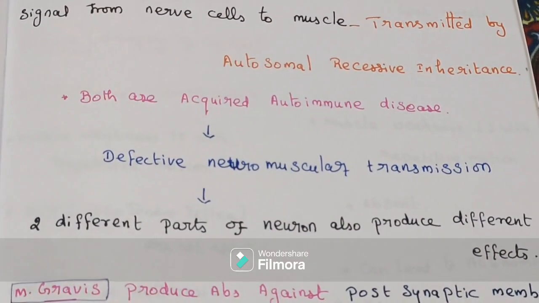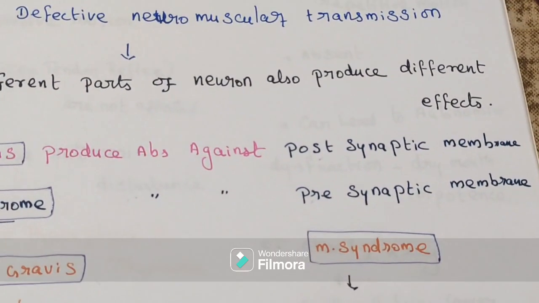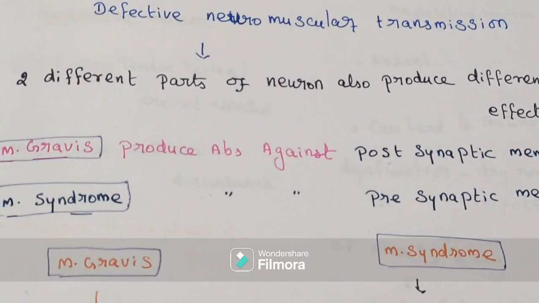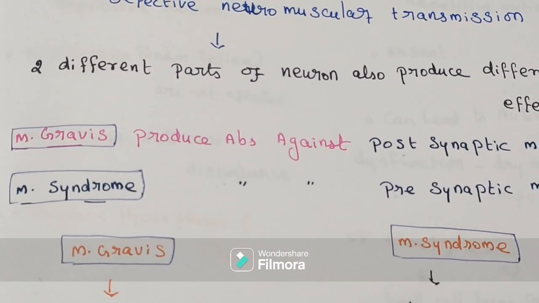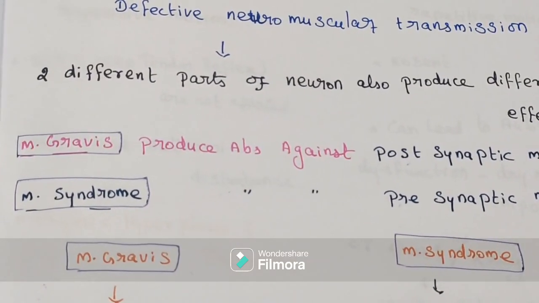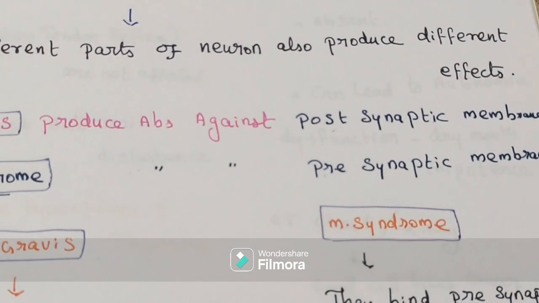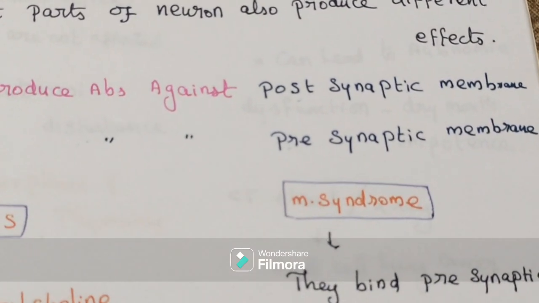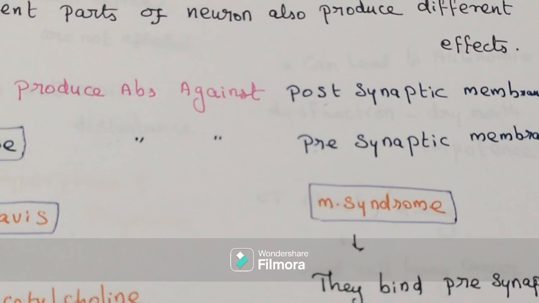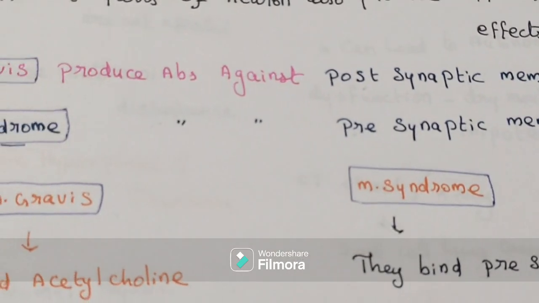Myasthenia gravis produces antibody against the post-synaptic membrane. Myasthenic syndrome produces antibody against the pre-synaptic membrane.